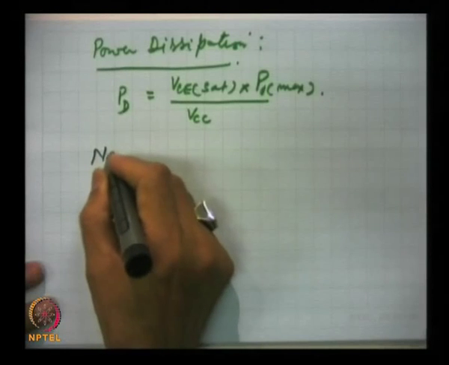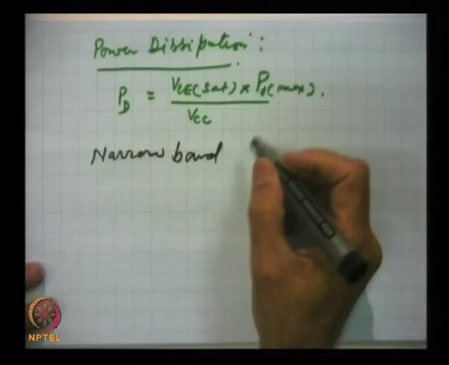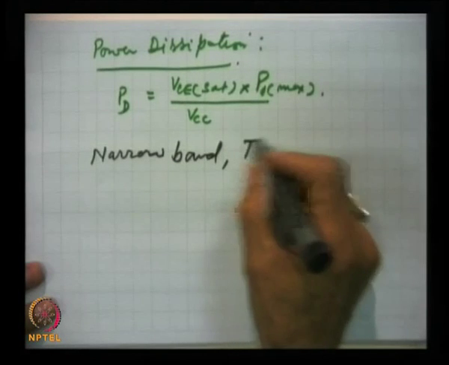So, the sinusoidal signal can be obtained by the use of a high Q resonant tank circuit, and that puts a limitation on the class C operation, that class C amplifiers are narrow band tuned amplifiers.